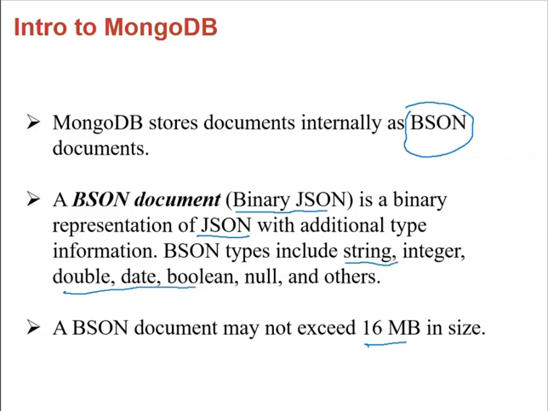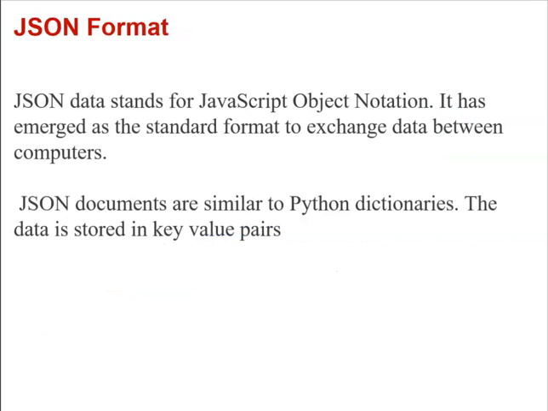This is a good point to review what a JSON data type is, because it's connected with how MongoDB works. We'll just quickly review the JSON data type. If you're familiar with Python dictionaries, it's easy to understand. It's not really hard, because it's very similar to Python. The JSON document format is pretty standard now, and it's essentially the standard format to exchange data between computers.